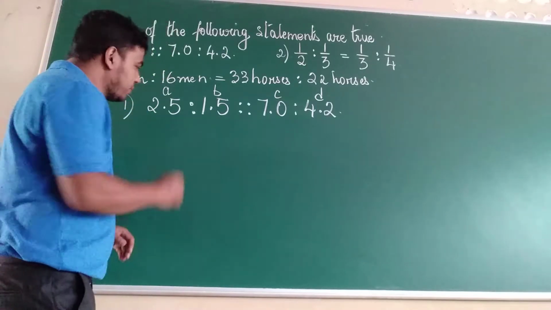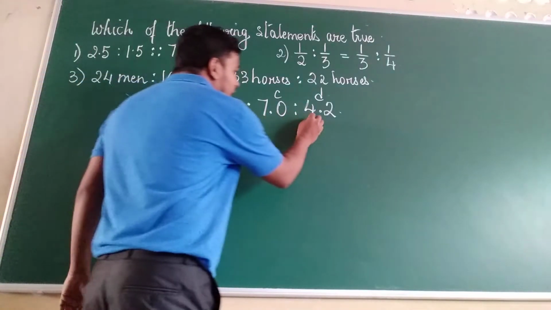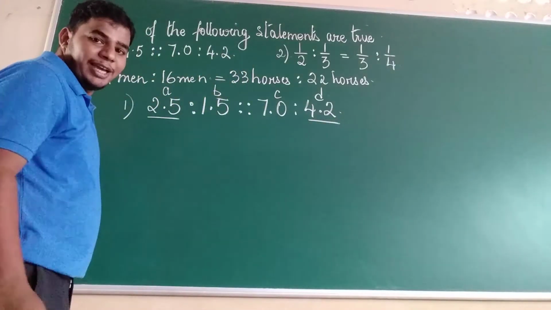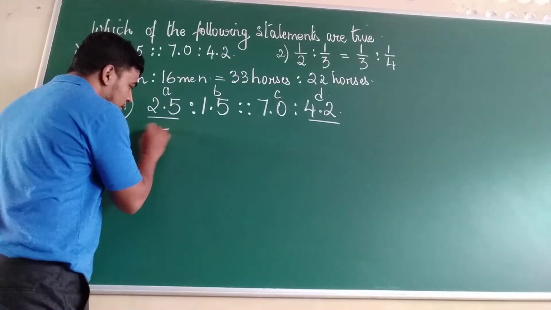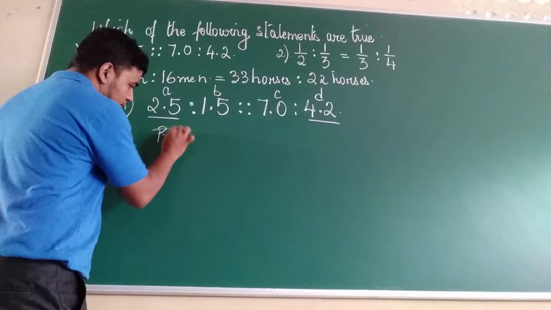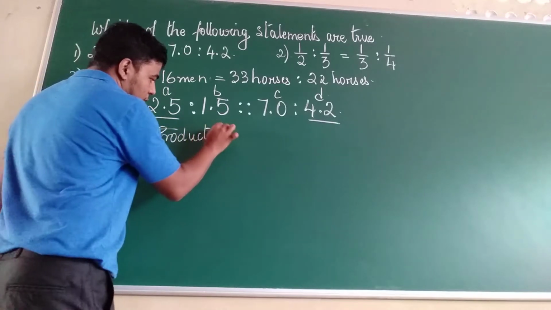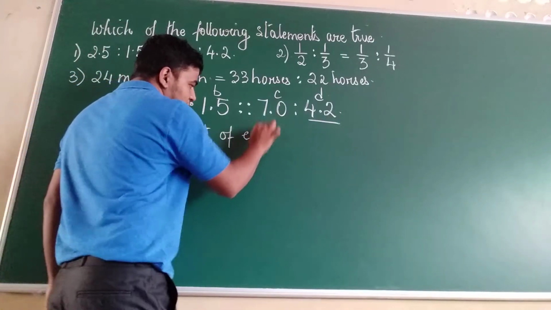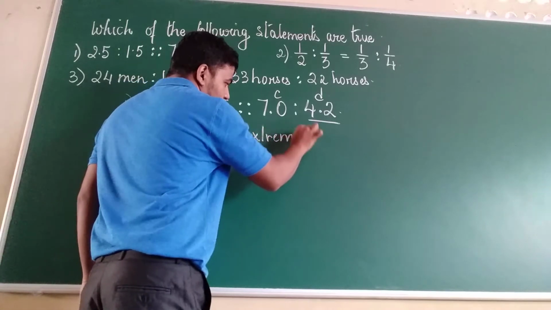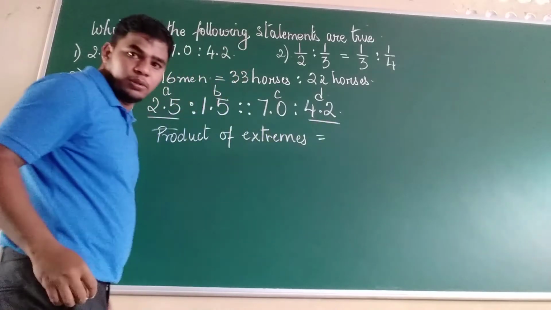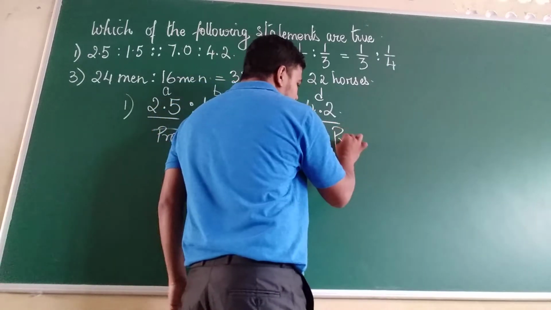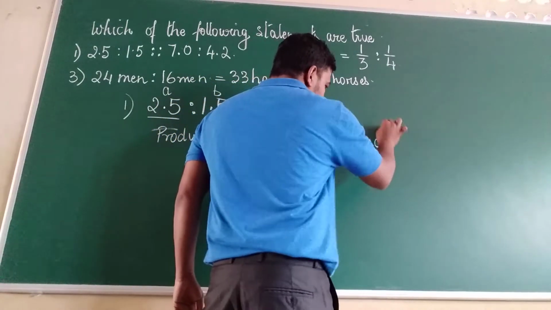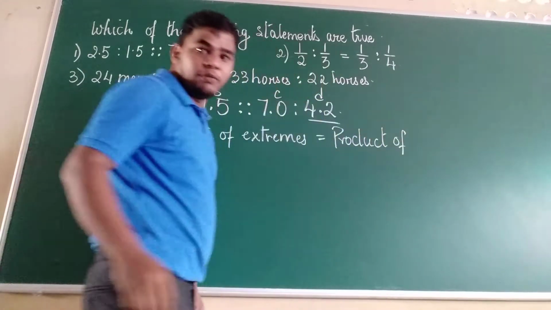Which are the extremes? A and D are the extremes. So the product of extremes will be equal to the product of what?